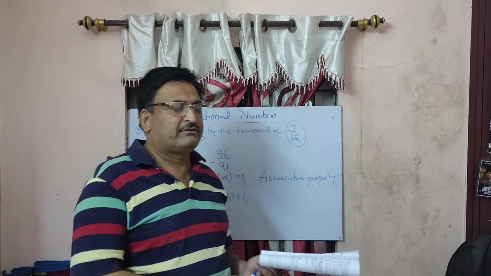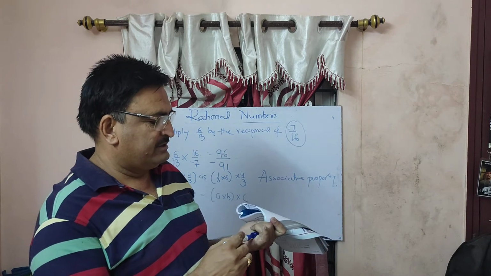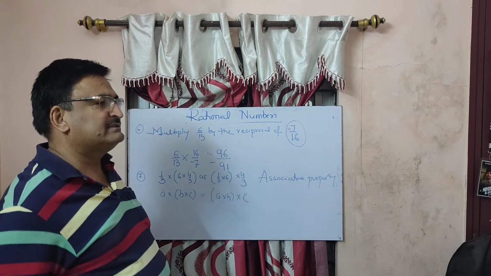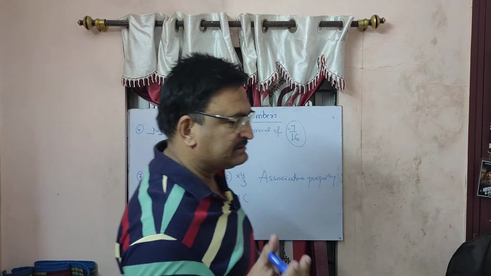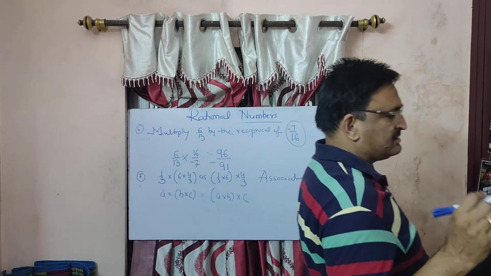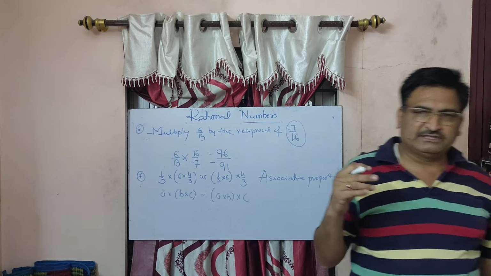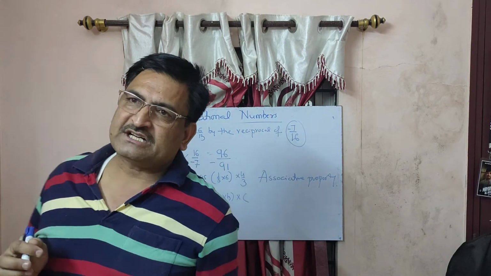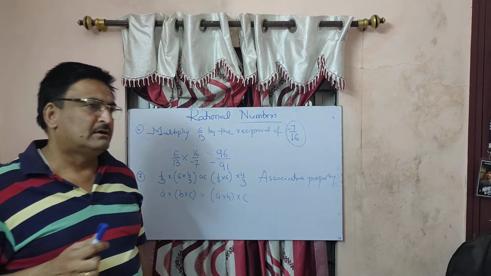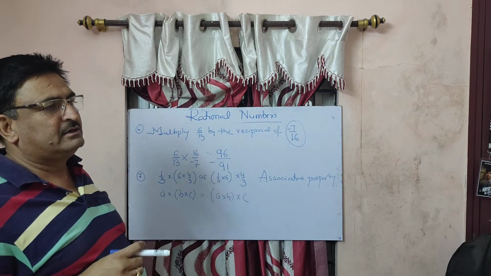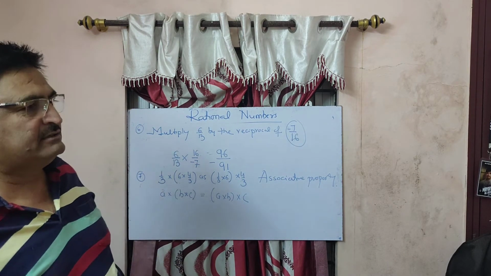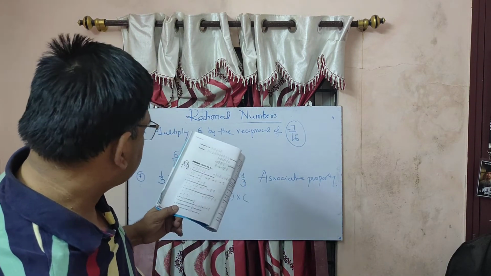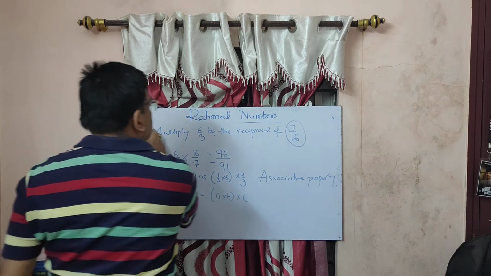You might have checked yourself, yesterday we have done it. As far as multiplication is concerned, multiplication is associative. Only subtraction and division, we cannot say they are associative. Okay, now the next question, that is the 8th one.